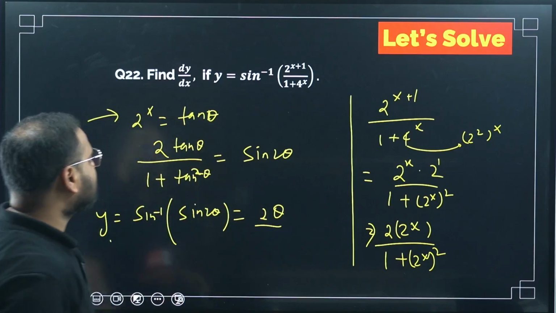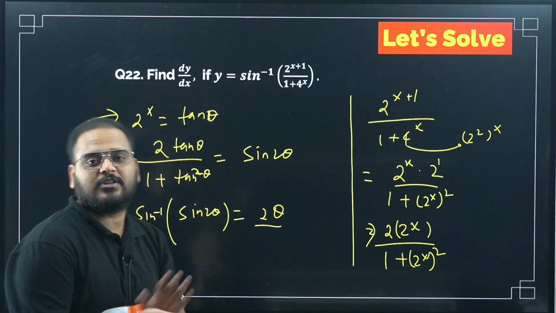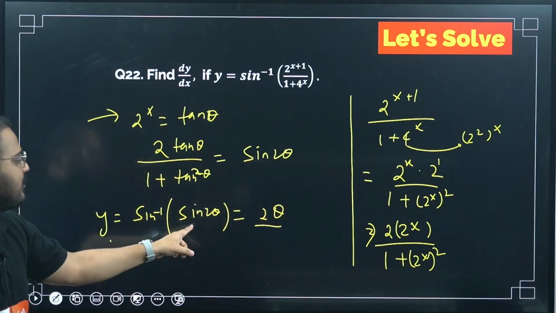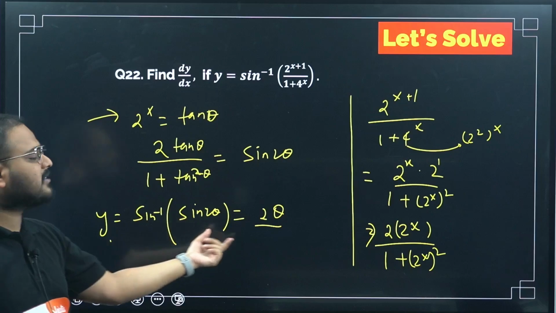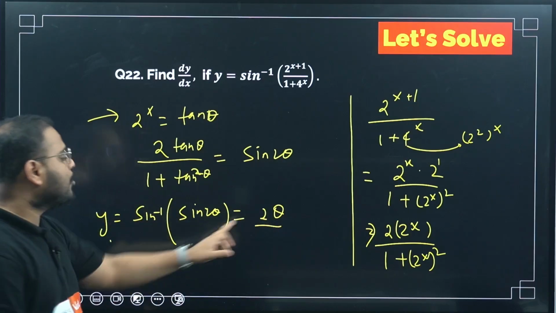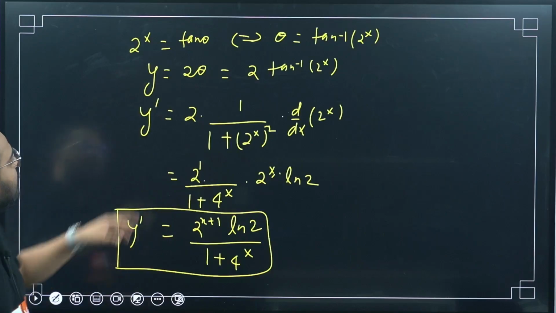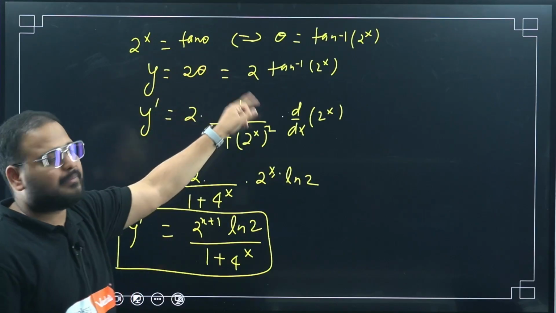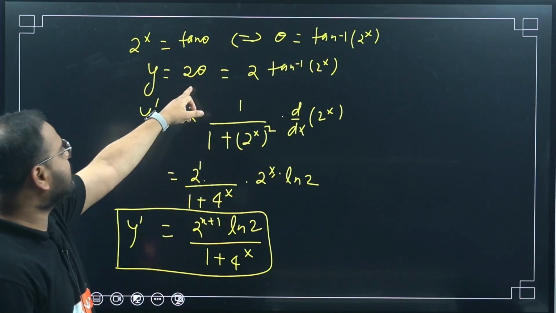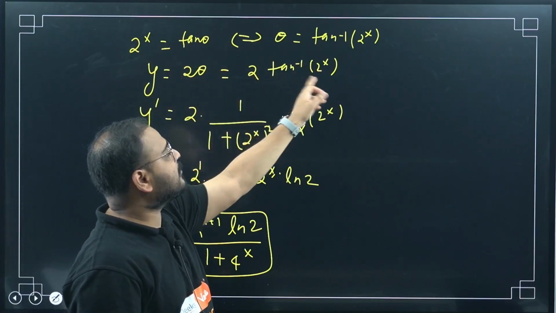After substitution it becomes 2 tan theta upon 1 plus tan square theta. That's the formula for sine 2 theta, the identity. I got sine inverse of sine 2 theta as 2 theta. My function is now y equals 2 theta. What's the theta value? 2 power x is assumed as tan theta, so theta is tan inverse of 2 power x. Substituting this for theta, I got the expression 2 tan inverse of 2 power x.